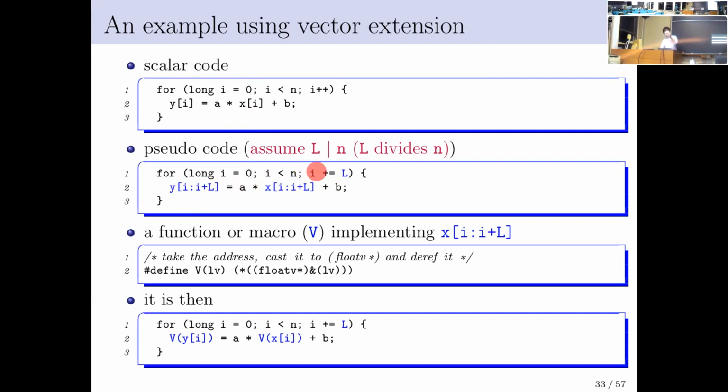L is the number of lanes in a single SIMD register. For example, in the case of AVX-512, it's 16 if this is an array of floats. So you want to work on 16 iterations at the same time, and accordingly, you want to fetch 16 elements at the same time. Fetch is expressed in this convenient formula.